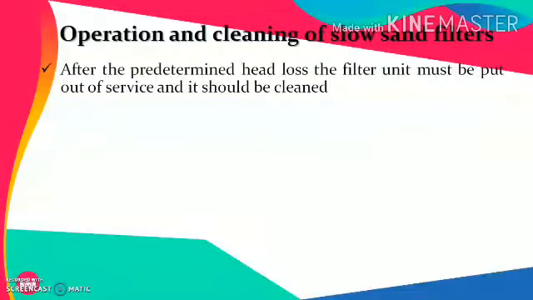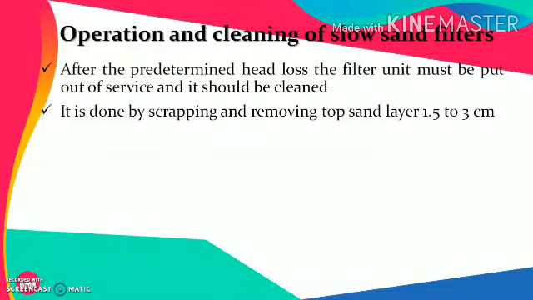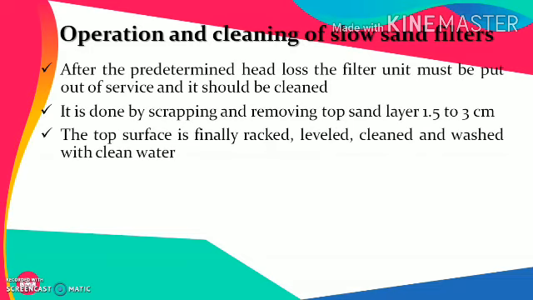After the predetermined head loss, the filter unit must be put out of service and cleaned. In a slow sand filter, this is done by scraping and removing the top sand layer by 1.5 to 3 cm. It means that the top surface of the sand is scraped and that much sand is generally thrown away, which results in losing such media.